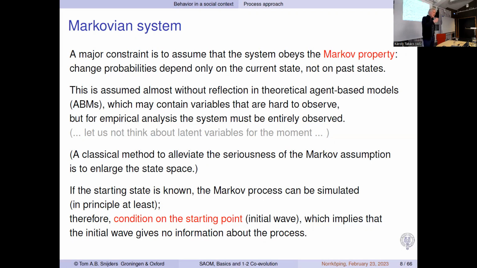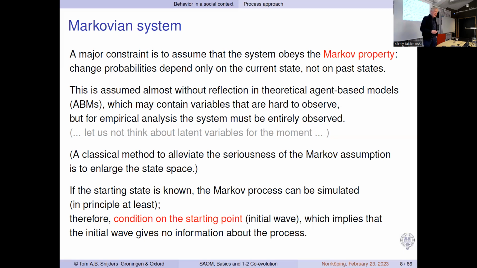But they don't change just like that, and they don't change easily. For a network system to be able to manage it in a statistical way and do statistical simulations, it is very convenient to assume the Markov property: that the probabilities of change depend on the current state of the system and don't depend on how you got there. So all the information that you have about the system can be contained in the current state.